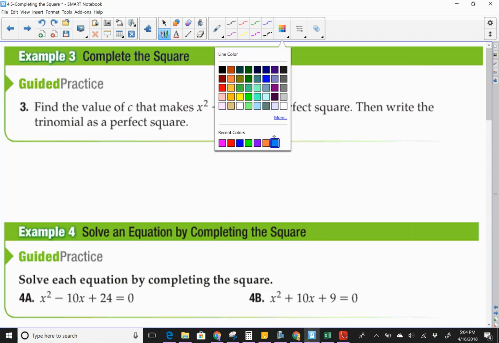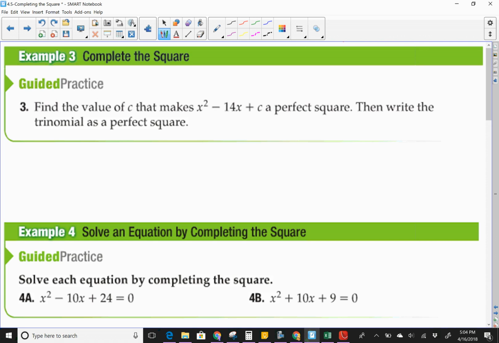Okay, so first off, find the value of c that makes this a perfect square, then write the trinomial as a perfect square. So c is going to be equal to 1/2 of 14 quantity squared. Now, because you're squaring something, you can ignore the negative every single time.